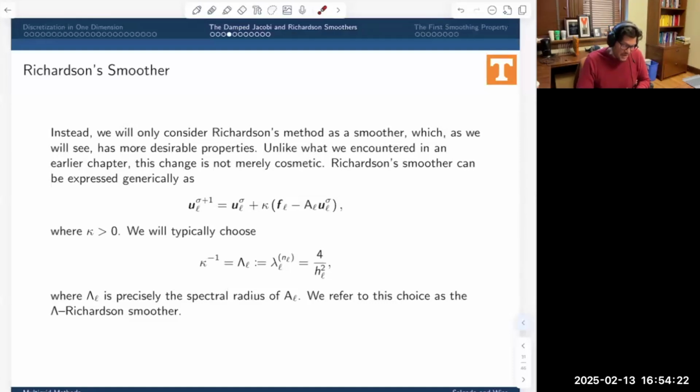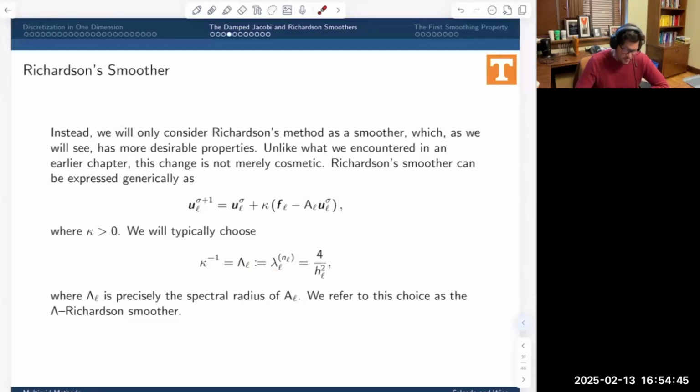Now, what we do with the Richardson smoother, we talked about this a while ago, in this case means we're going to take this kappa value, this free parameter, to be a certain particular value. In particular, we take it to be the reciprocal of the spectral radius, or the largest eigenvalue.